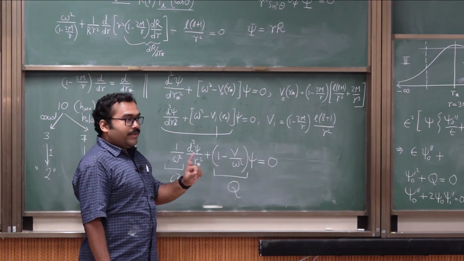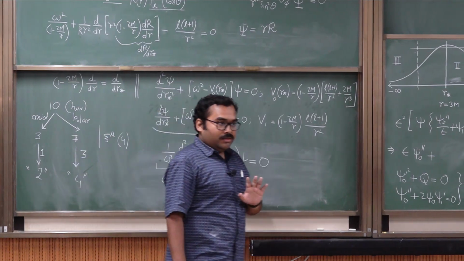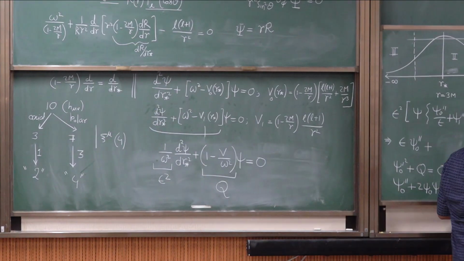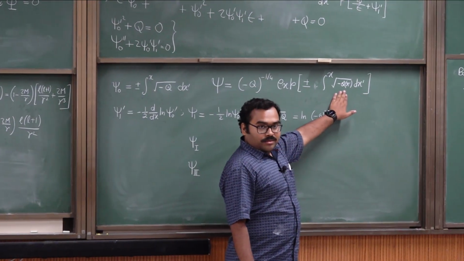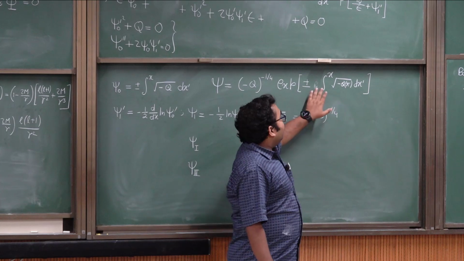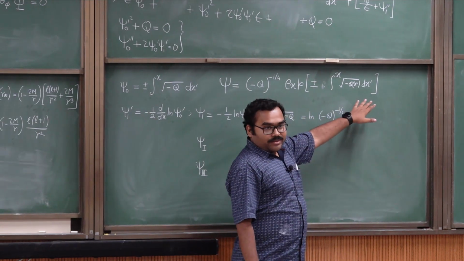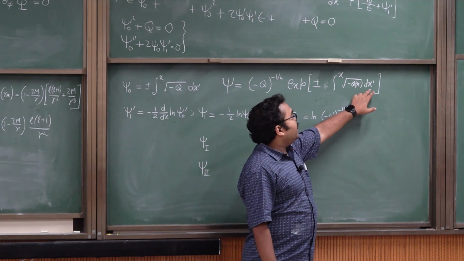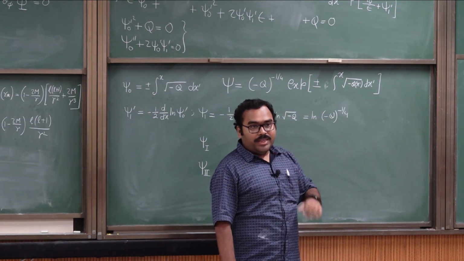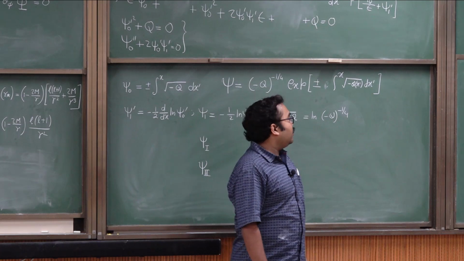So my Q has a value of 1, and I will get a factor of i, so I will get e to the power i x and e to the power minus i x. The omega will be taken care of because x and r star will have some extra factors.